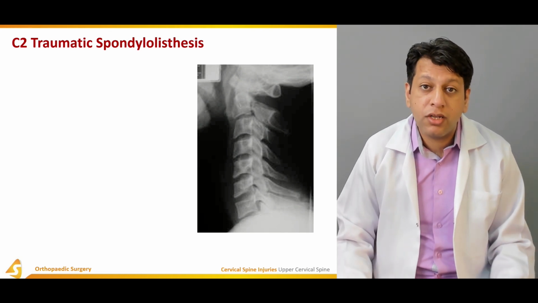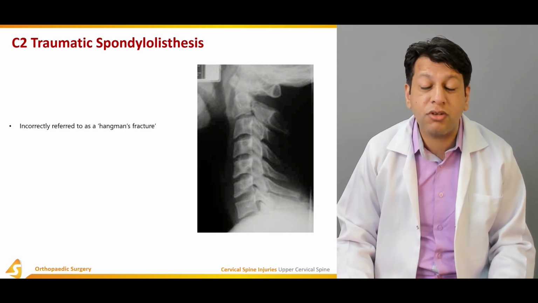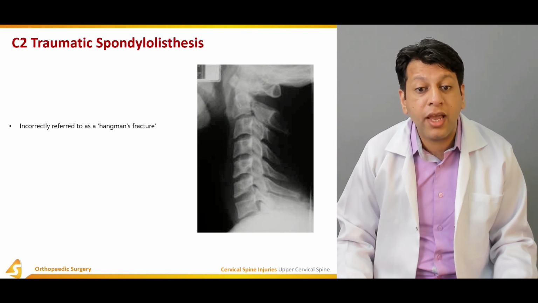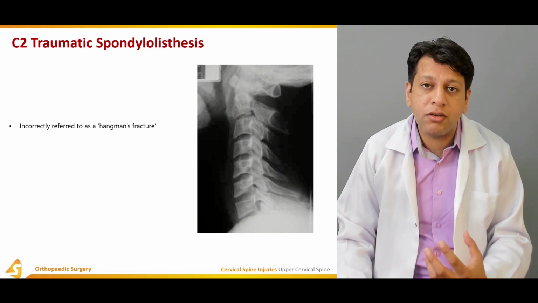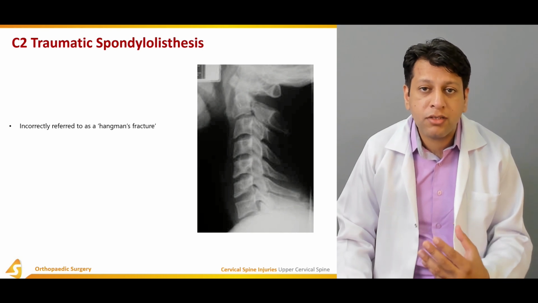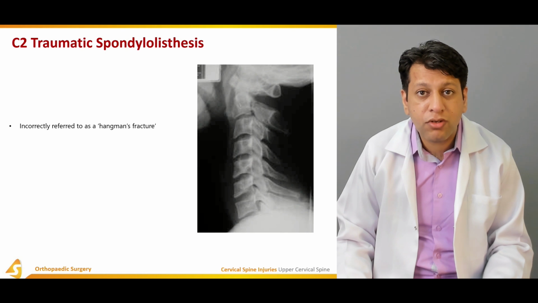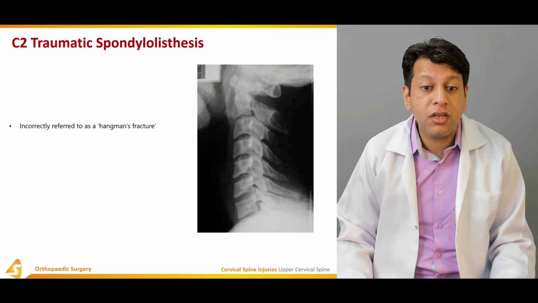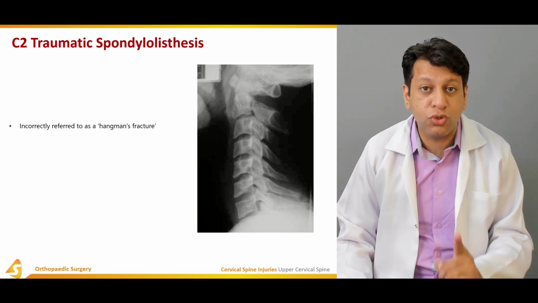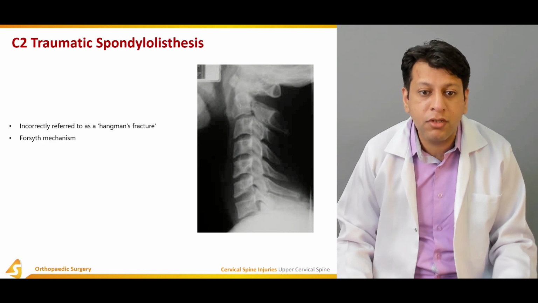Now this is important: once C2 slips over C3, this is referred to as a hangman fracture. During hanging of a person, there is fracture of the C2, C3 vertebrae and definite dislocation of the C2, C3 intervertebral joint, but this is termed a hangman fracture although it is not the type of fracture which actually happens in the hanging of a person.